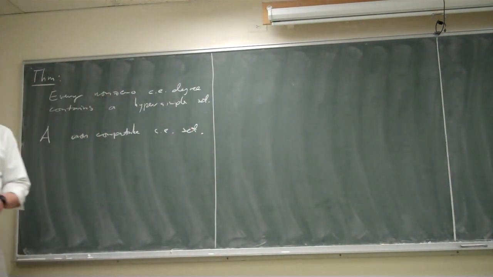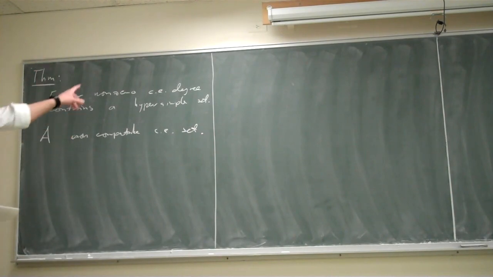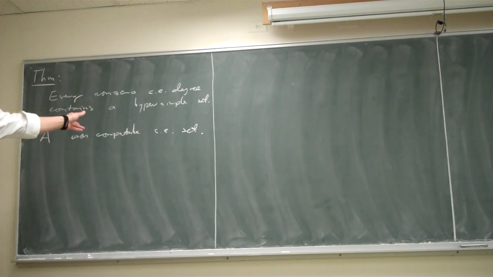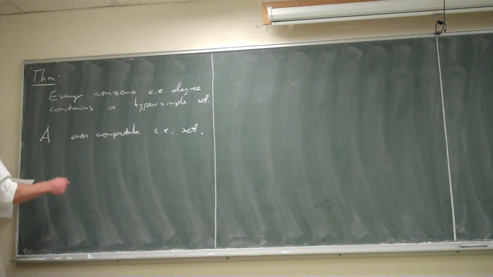And we want to show that there exists a set that is hypersimple, that is Turing equivalent to this A. Now you could imagine all sorts of complicated constructions required for this, but it turns out that a very natural set to look at, that in general gives you interesting information about this set A, does the trick, and this is the so-called deficiency set.